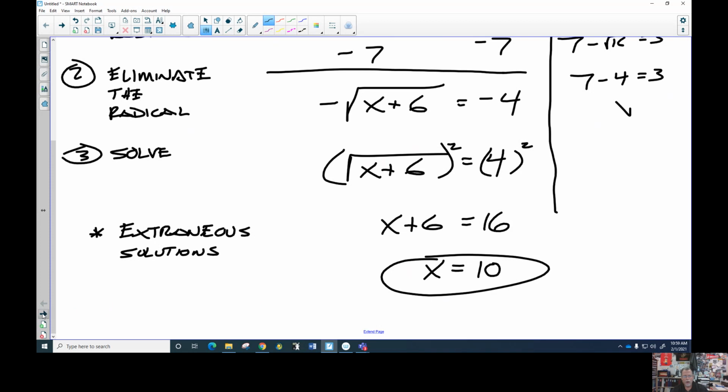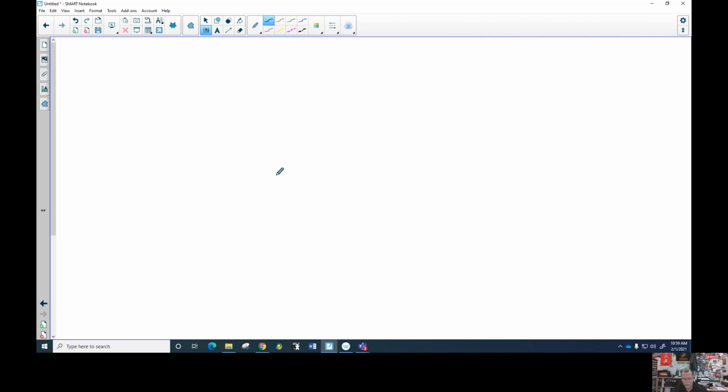All right, let's move on. Let's do another one. Let's do this one. Another example of solving. So it'll say solve, 7 equals 3 minus the cube root of x plus 11.